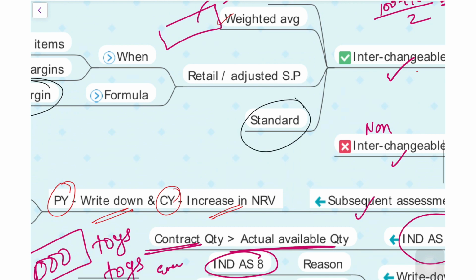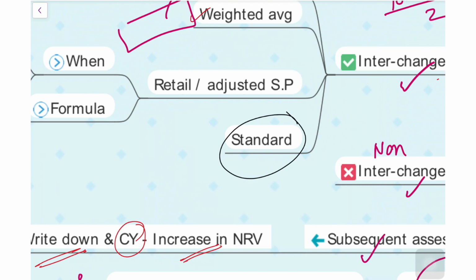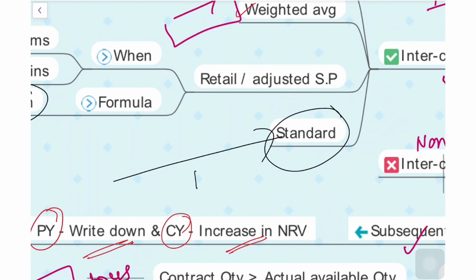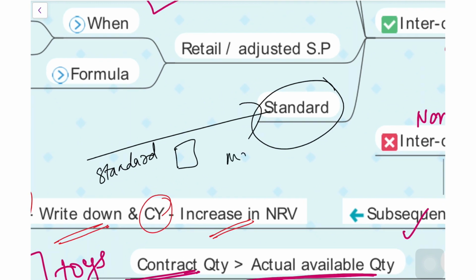And the final method is the standard cost method. When do you use it? Usually, when a company has been in the industry for a very long period of time, they know what the standard cost would be to make a particular product, because of the materials or supplies they use, the labor efficiency and the capacity utilization they have seen over the years.